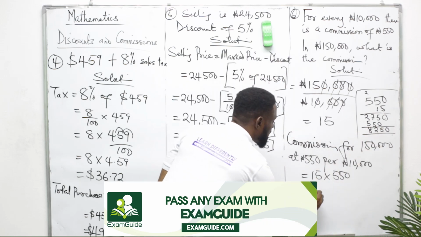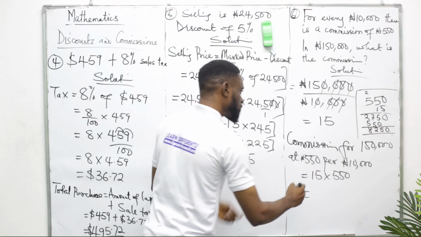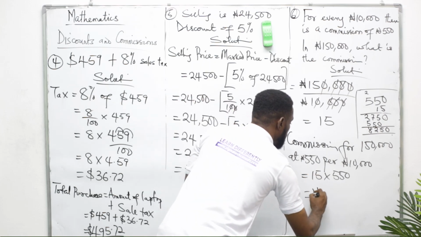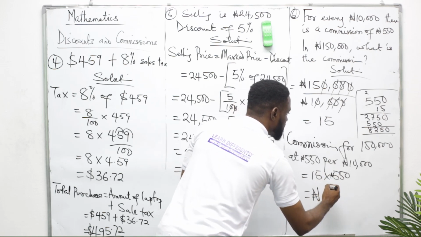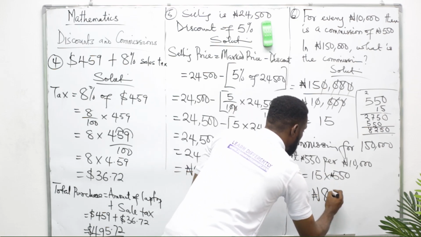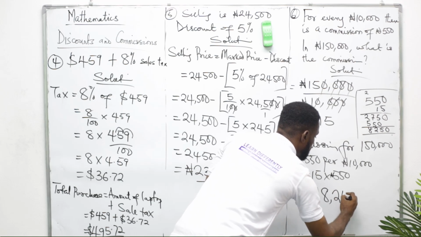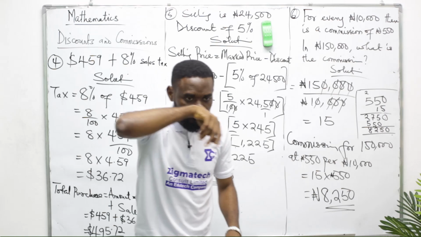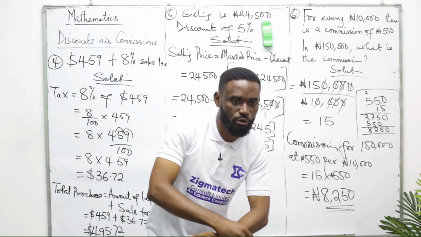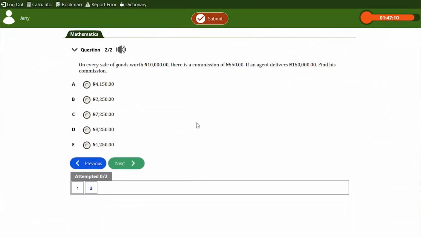So it means that what the total commission that this man will get, remember this is in naira, would be 8,250 naira, and that is option D. All right.